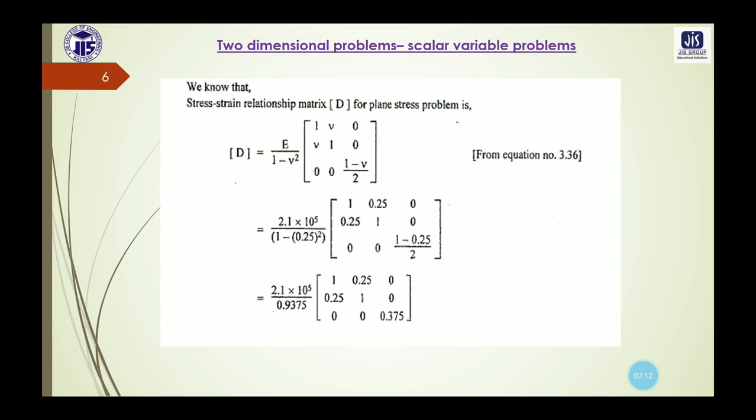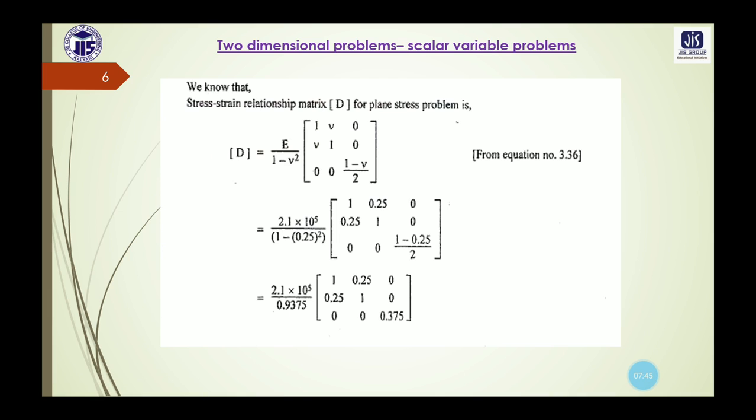Next we need to calculate the D matrix, which is the stress strain relationship matrix for the plane stress problem. The formula for this D matrix is E by 1 minus nu square multiplied by a 3 by 3 matrix. In this formula you can see that we need the value of E, that is Young's modulus, then Poisson's ratio, and within the matrix also we need to put the value of Poisson's ratio.